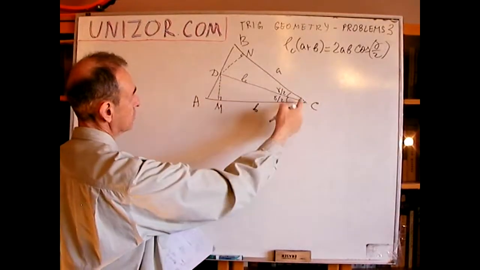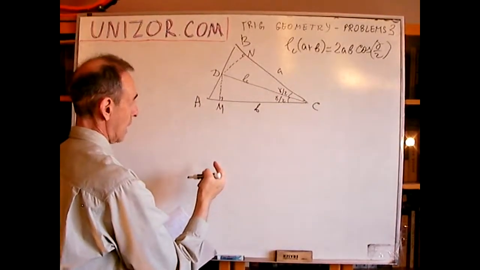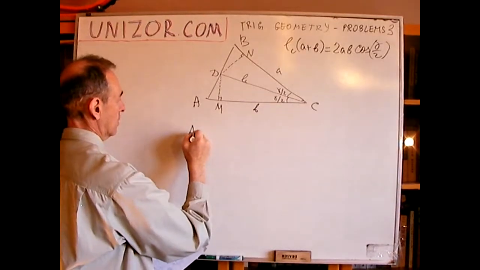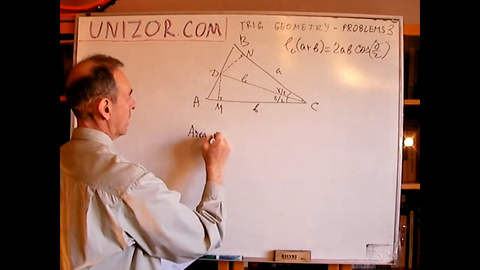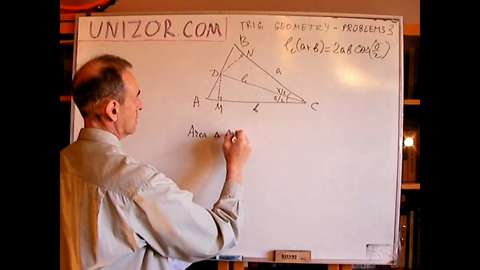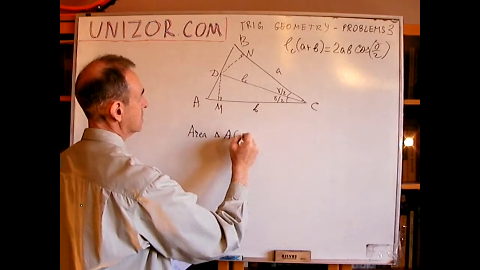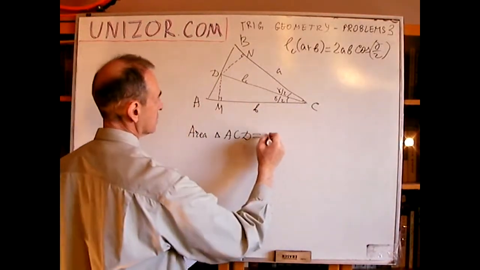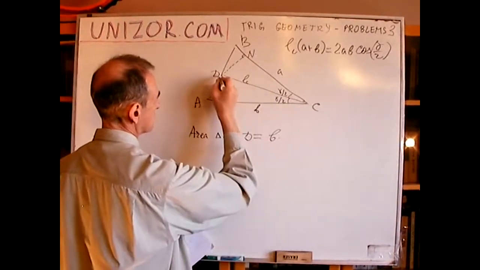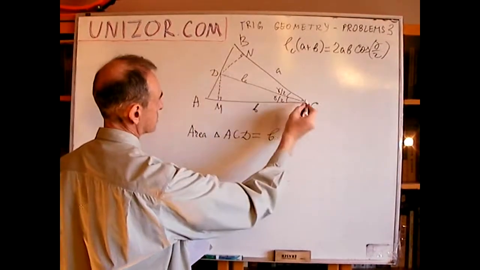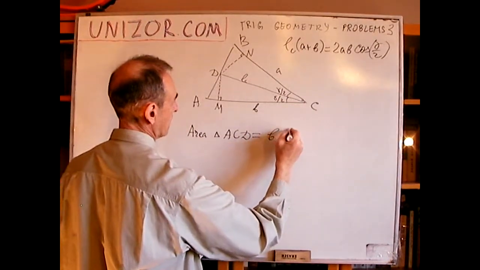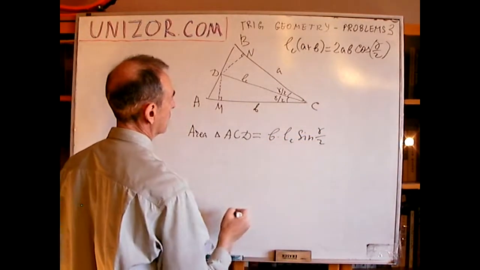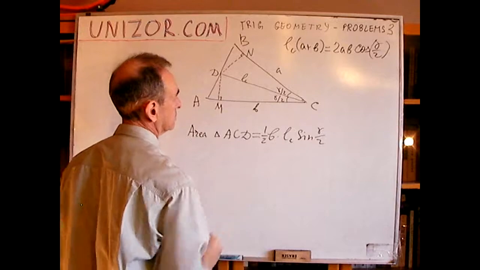It's equal to hypotenuse times sine of gamma over 2. So my area of triangle ACD equals B times the altitude, which is LC times sine of gamma over 2, divided by 2, right?